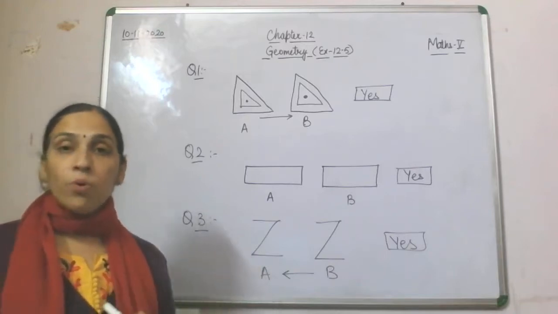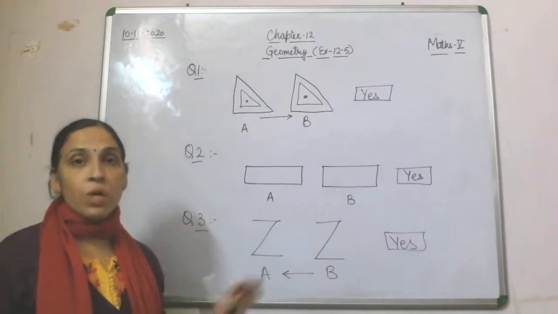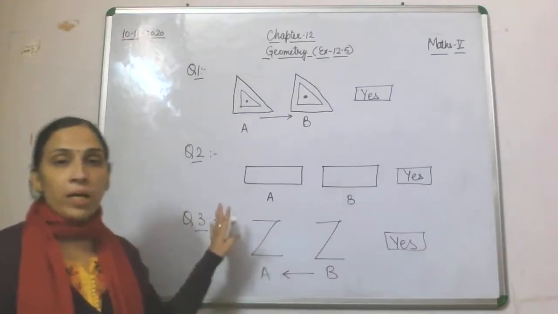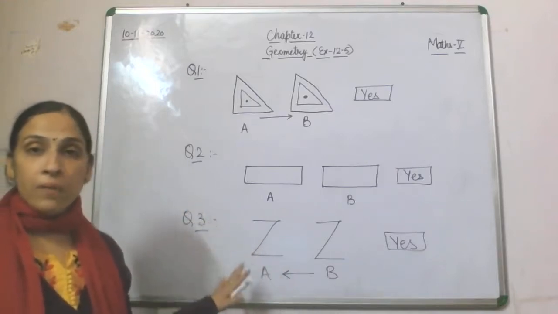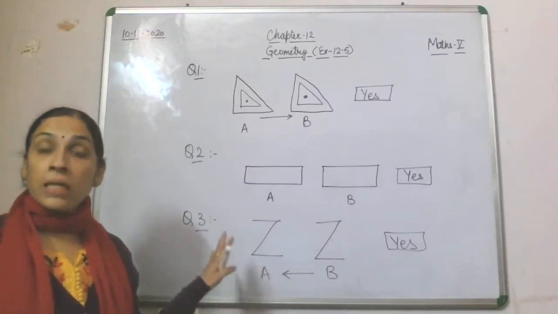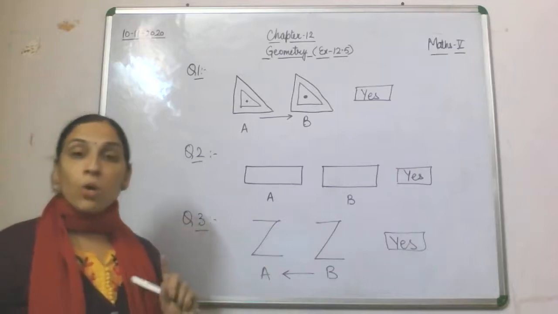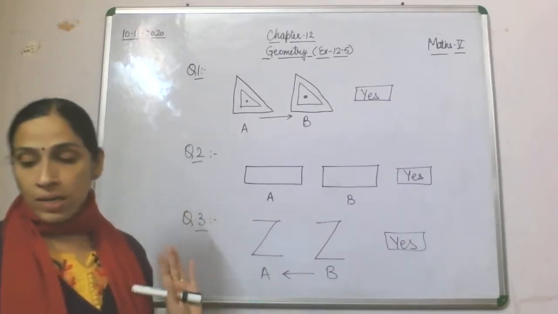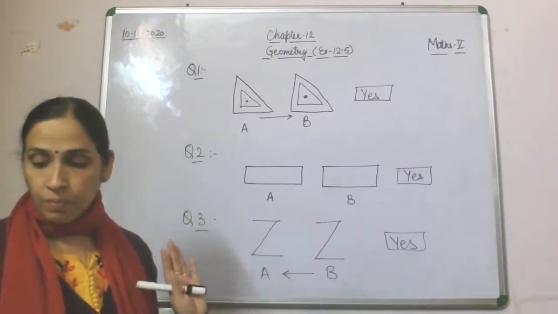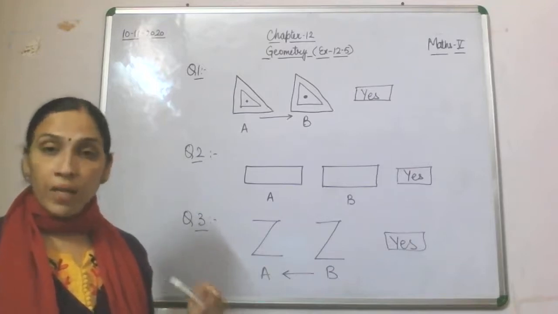Now question number 4, that is related to your reflection. The first 3 questions, question 1, 2 and 3, which we have already done, are related to translation of an object. Now question number 4 is related to reflection of an object.